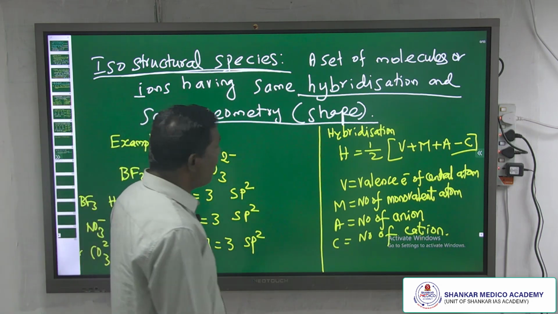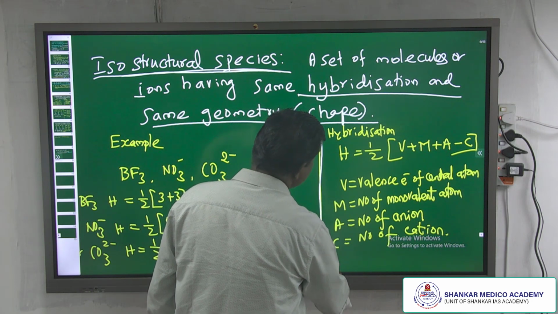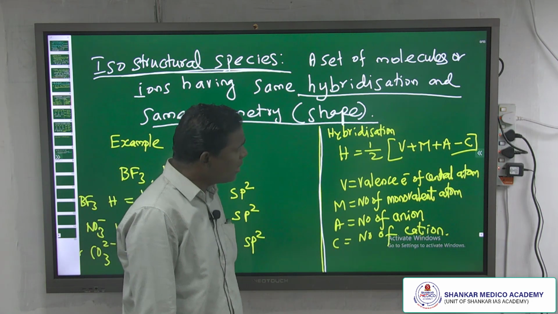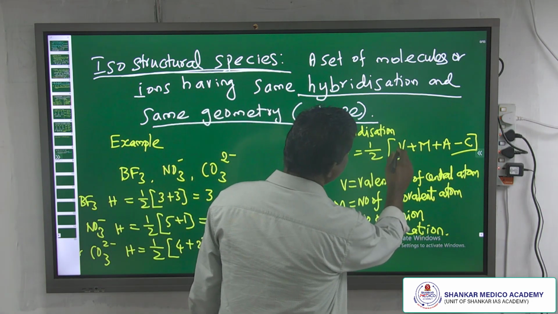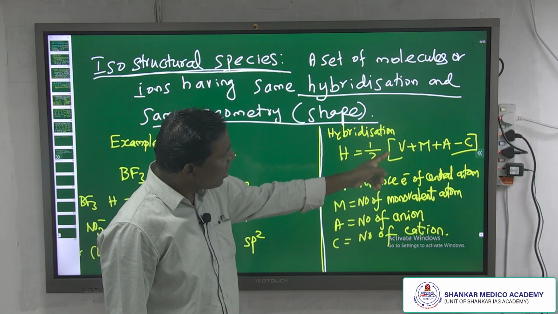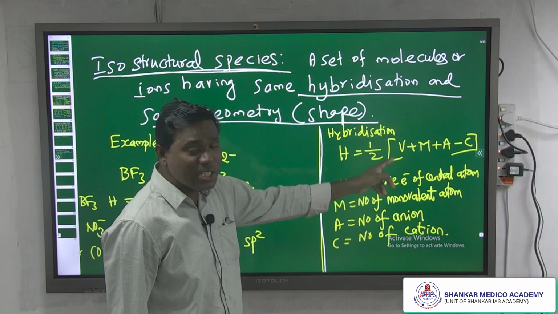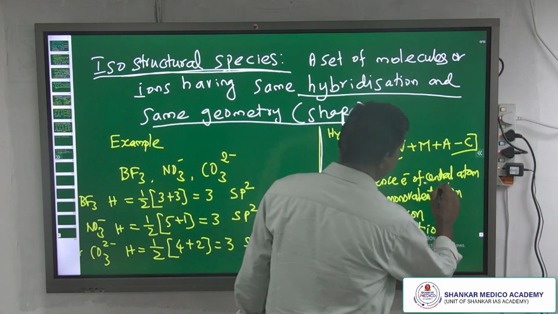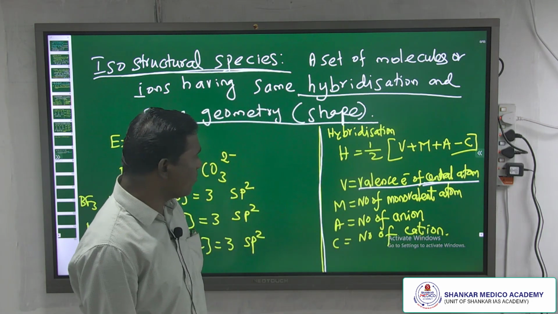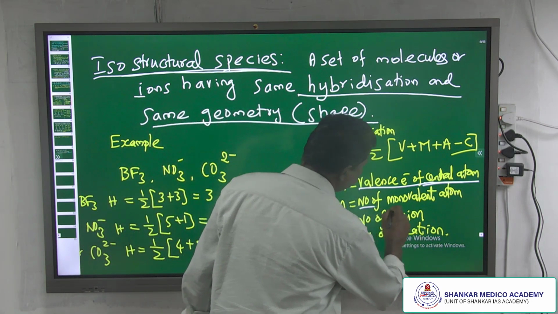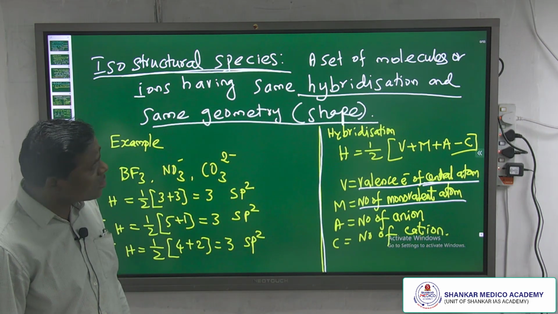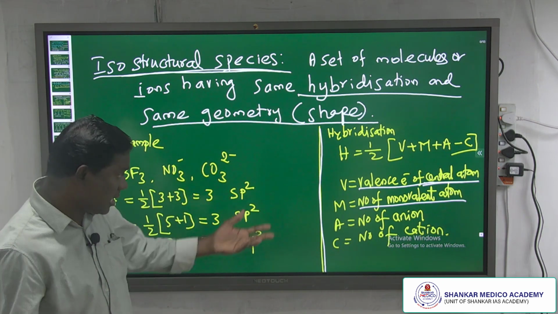For the hybridization of any molecule, it is easy to calculate by knowing this general formula: hybridization equals 1 by 2 (V plus M plus A minus C). V means the number of valence electrons of the central atom. M stands for the number of monovalent atoms directly attached to the central atom.